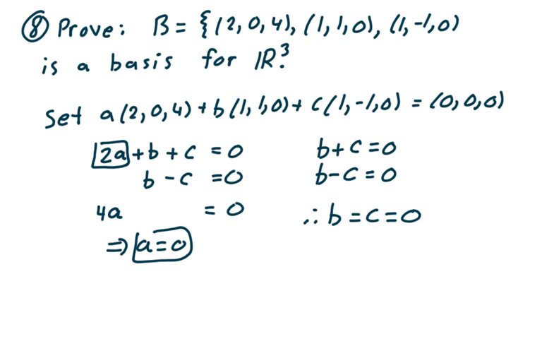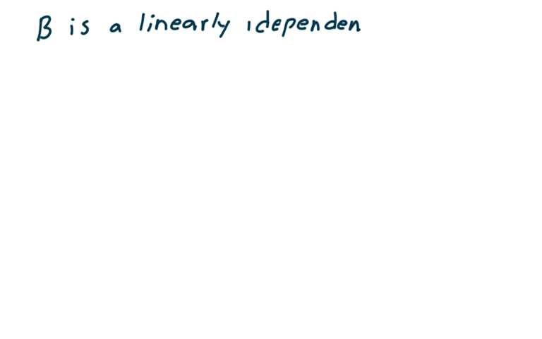What does that mean? B is a linearly independent set with 3 vectors.